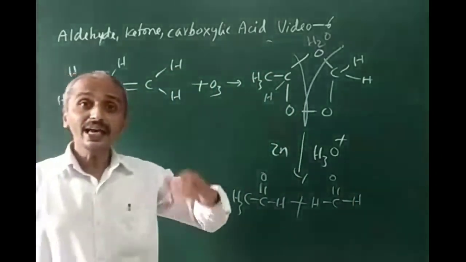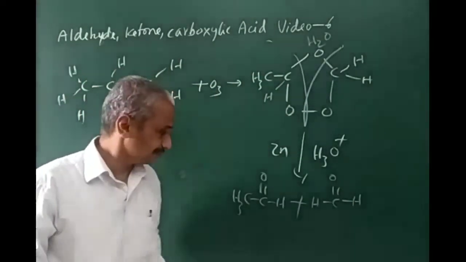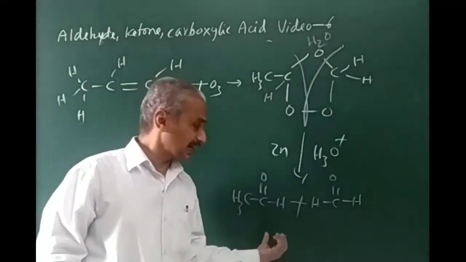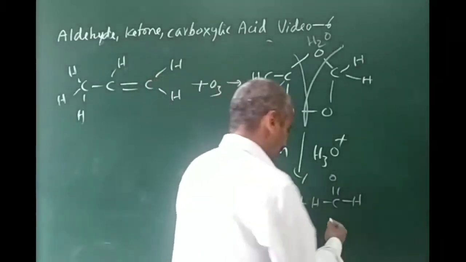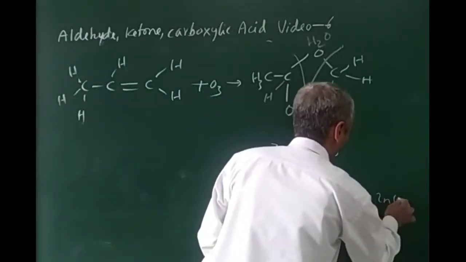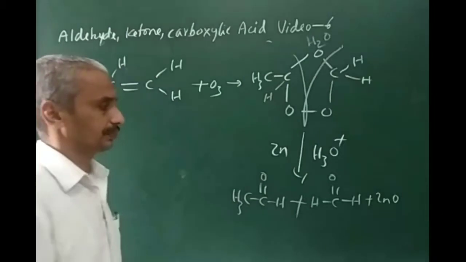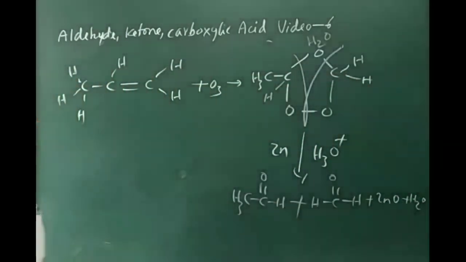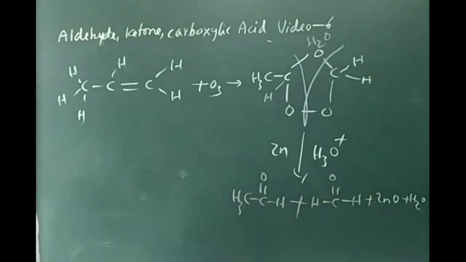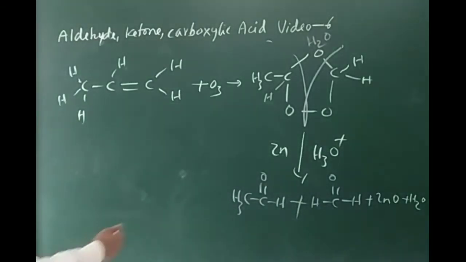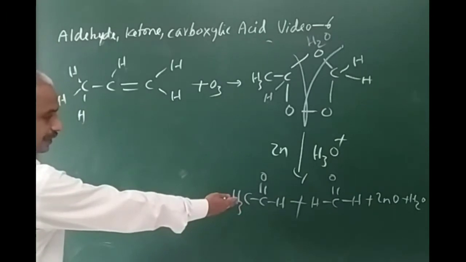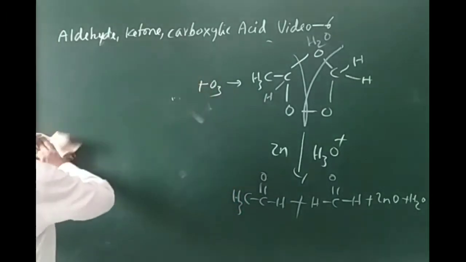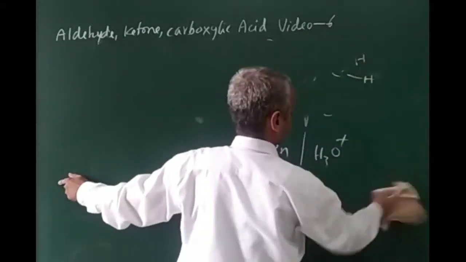Means I am going to get a mixture of aldehydes now. Rather than getting the same aldehyde, I am going to get a mixture, along with the side product ZnO plus water. So I got acetaldehyde as well as formaldehyde. Now, take this example now.